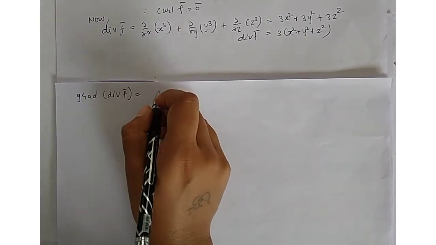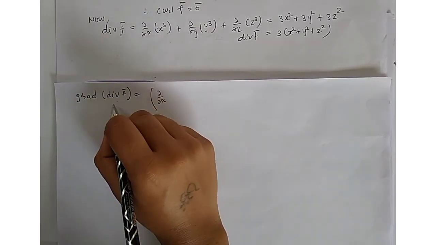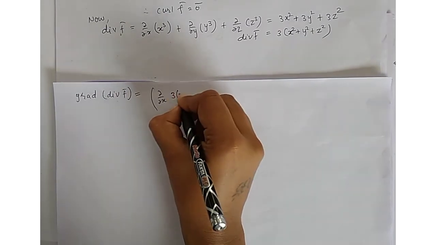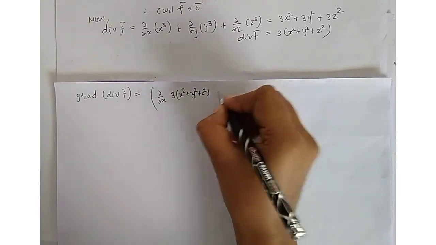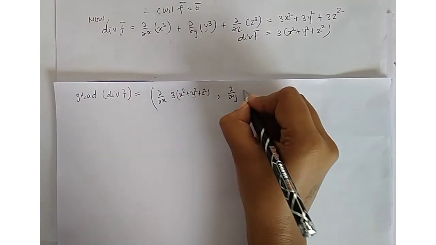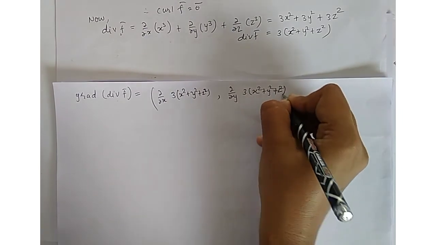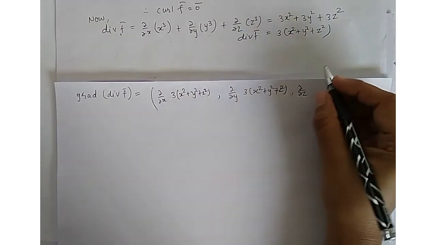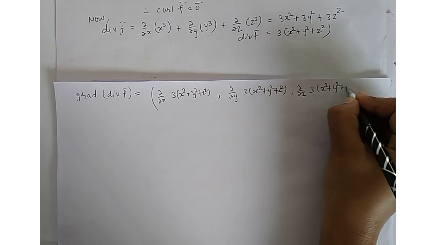That is del by del x of the first component of this, that is 3 times x square plus y square plus z square, comma del by del y of 3 times x square plus y square plus z square, comma del by del z of 3 times x square plus y square plus z square.